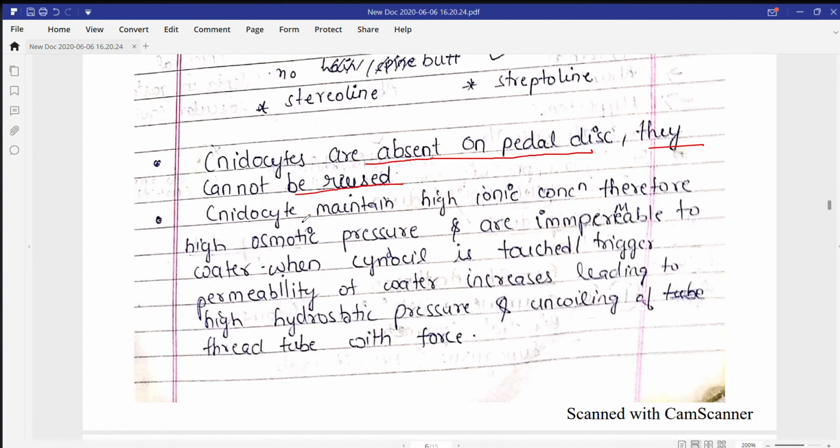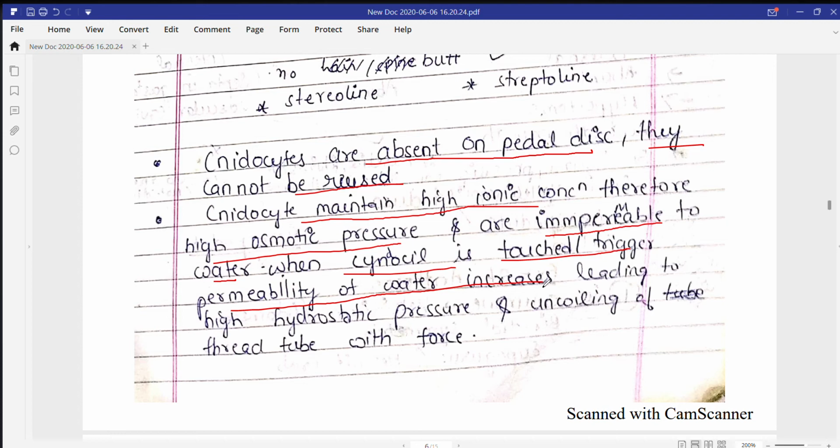So the cnidocyte maintains high ionic concentration and high osmotic pressure by being impermeable to water. Impermeable means they are not allowing water. But when the cnidocil is touched or triggered, the permeability to water increases.